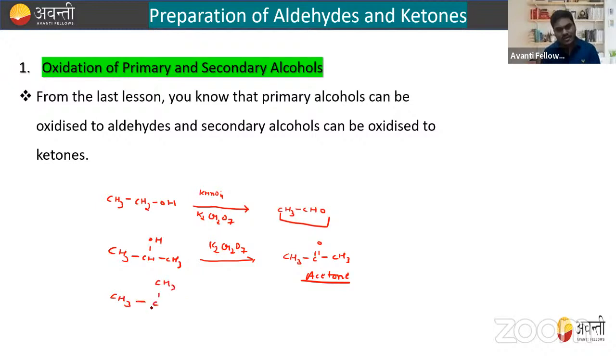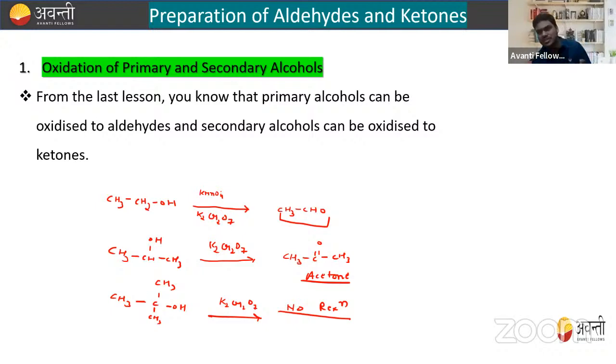If you have a tertiary alcohol like this, and we treat it again with K2Cr2O7, then there will be no reaction. Why does no oxidation take place? Because, as we can see, this carbon does not have any hydrogen. What is oxidation?